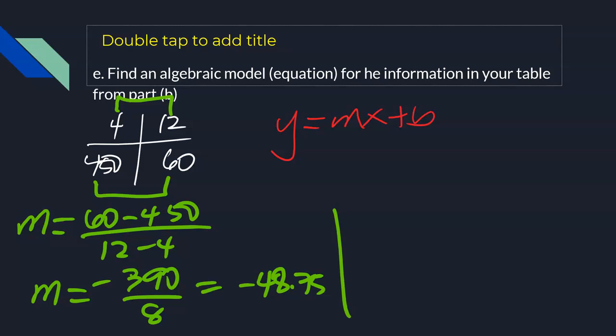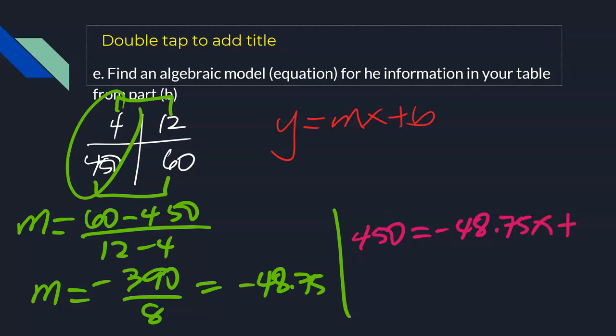And then for the y-intercept b, let's use the first. Y is 450, is equal to the slope, negative 48.75x plus b. Oops.